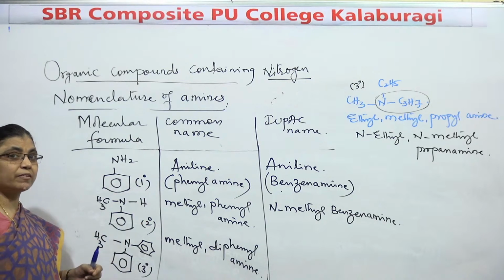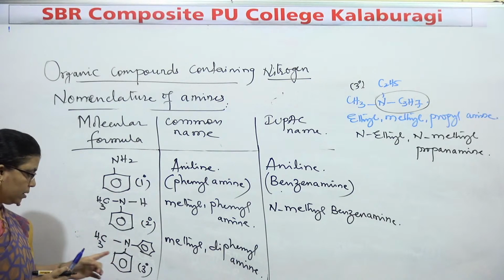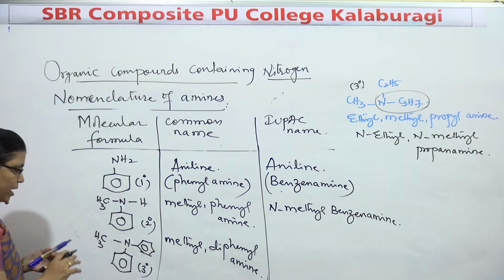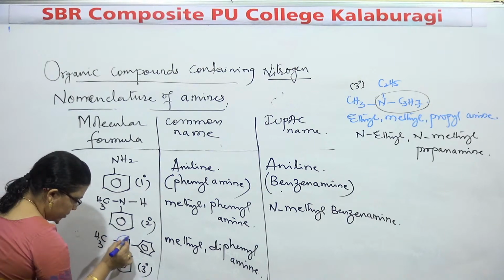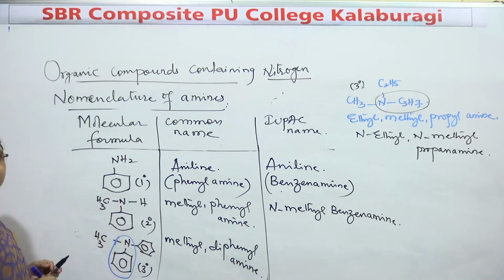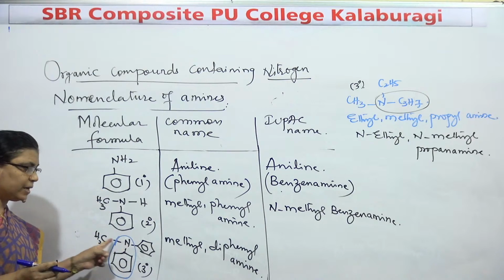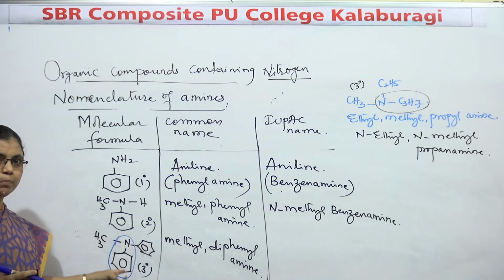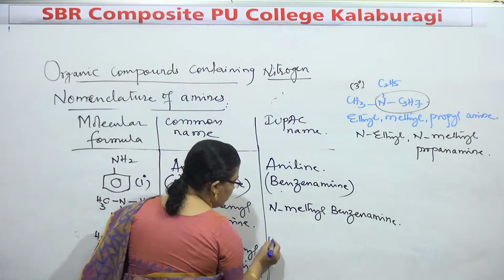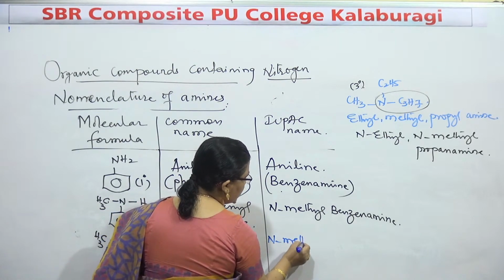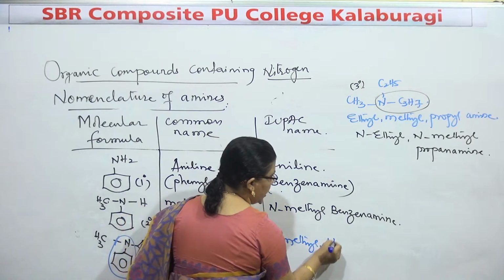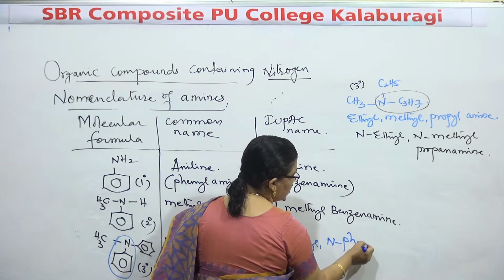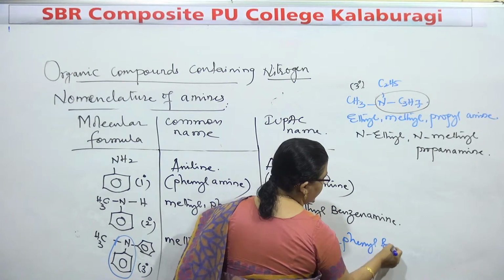According to the IUPAC system, how can we call it? The parental chain is benzenamine. So it is N-methyl, N-phenyl, what, children? Benzenamine.